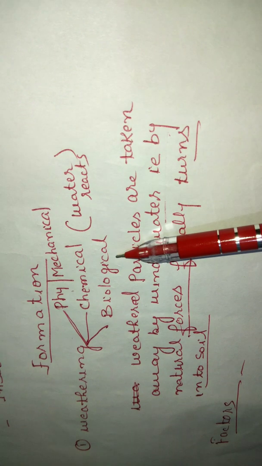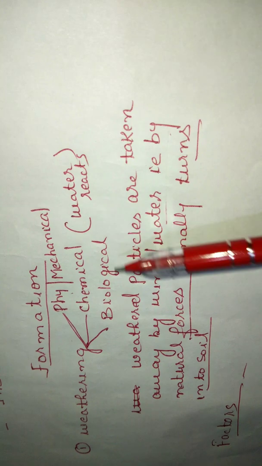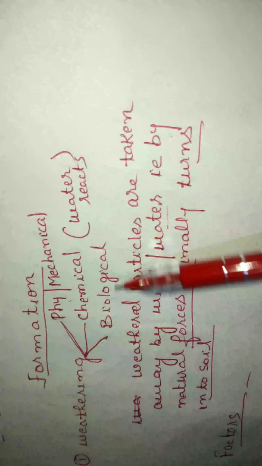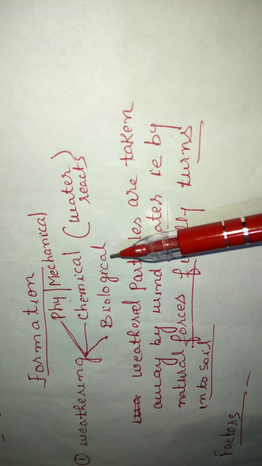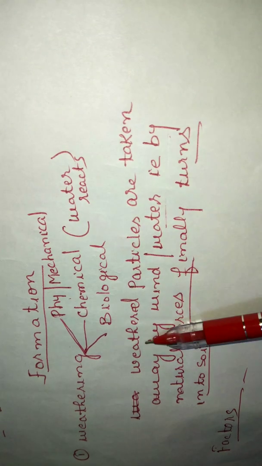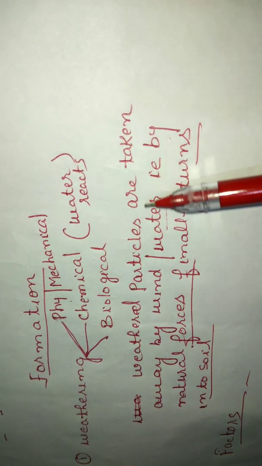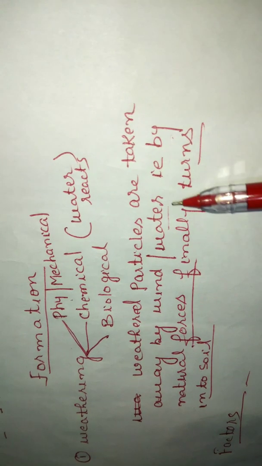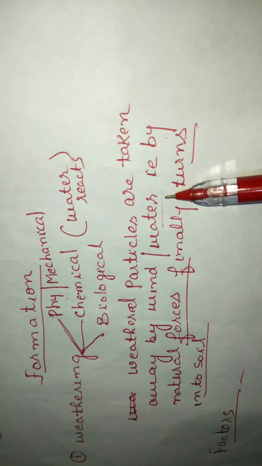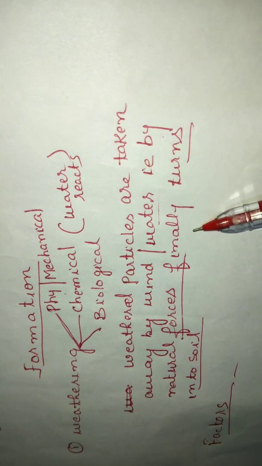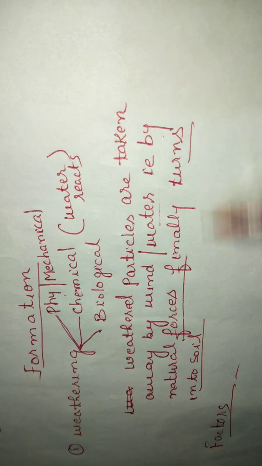When the roots grow in size, they exert pressure on the rocks, and rocks finally break away. Now, these weathered particles are then taken away by wind and water or by natural forces, and finally it turns into soil.